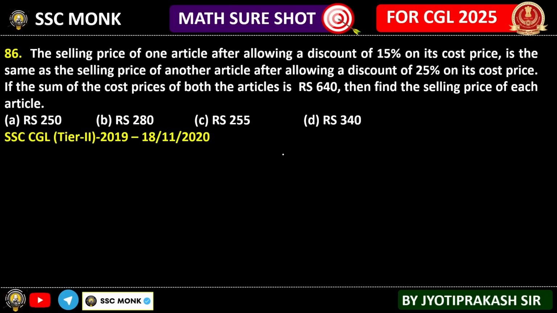It is saying 15% discount on the first cost price, that is 85% of X is equal to 25% discount, that means 75% of Y. So I can write X by Y is equal to 75 by 85, 5 15s are 75, 5 17s are 85. That means 15 was the cost price of X, 17 was the cost price of Y. Now it is saying the sum of the cost prices of both articles is 640.